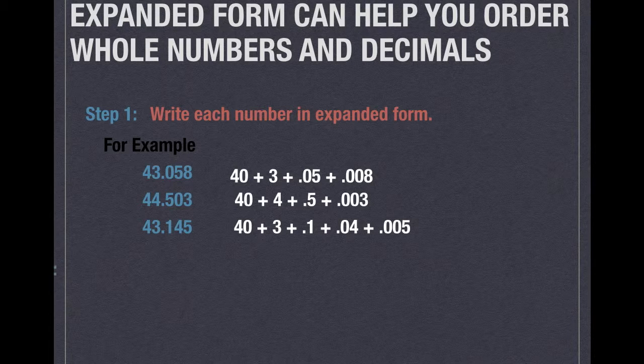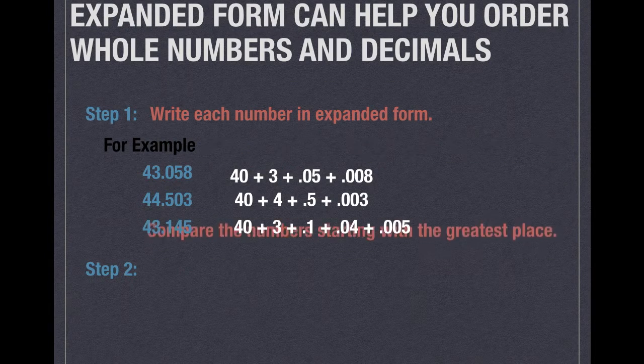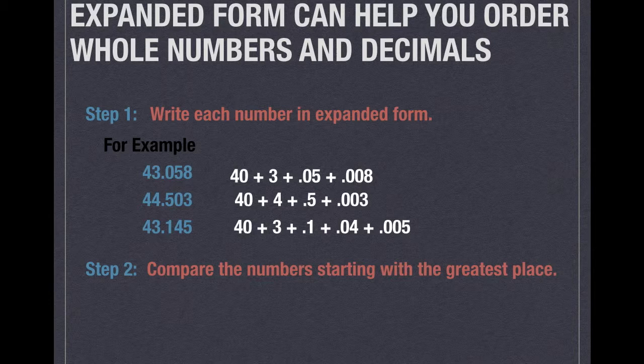Now, the next step in comparing them using expanded form is to compare the numbers starting with the greatest place. If we look at the greatest place, all the numbers begin with 40. So we move on.